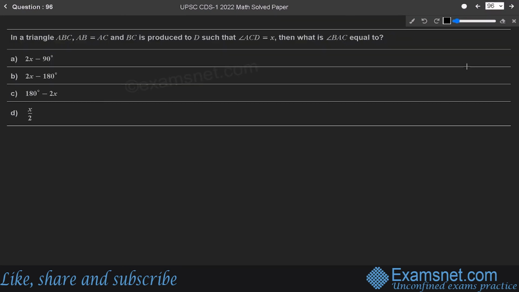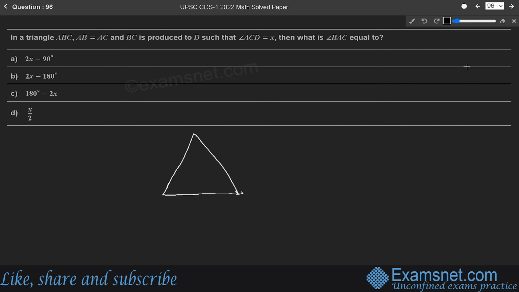Next question is, in a triangle ABC, AB is equal to AC and BC is produced to D such that angle ACD is equal to X, then what is angle BAC equal to? Now first let us draw the triangle. Let this be the triangle ABC.